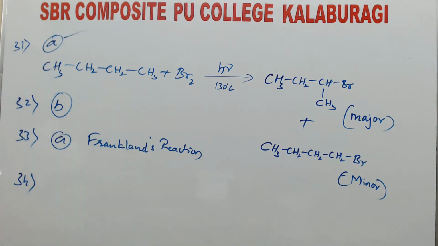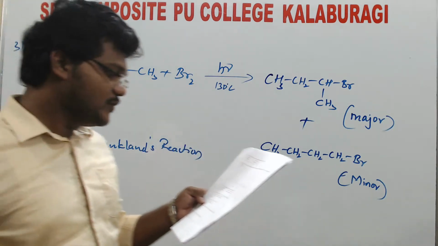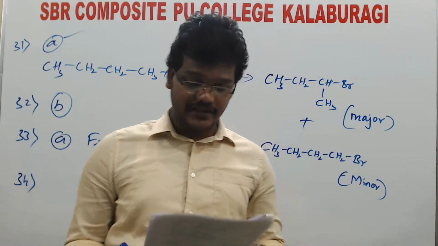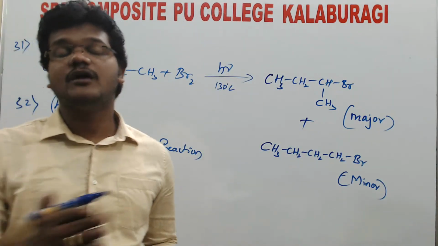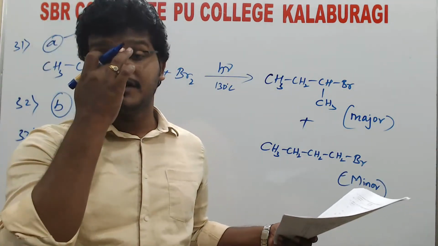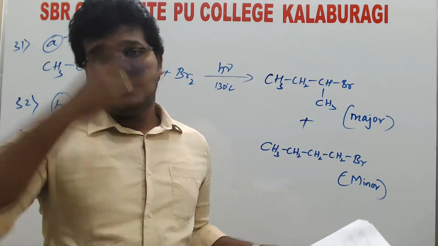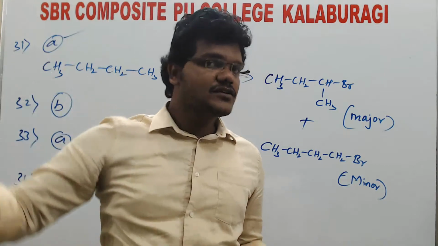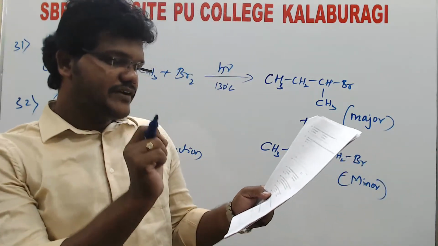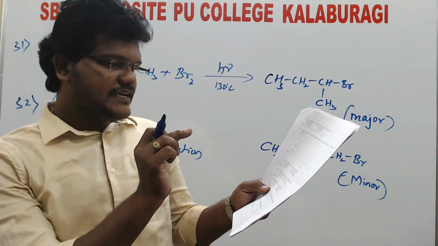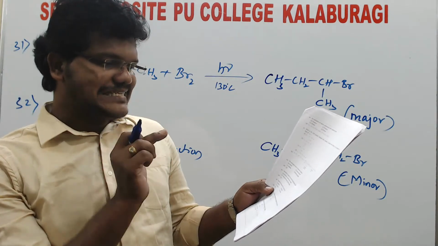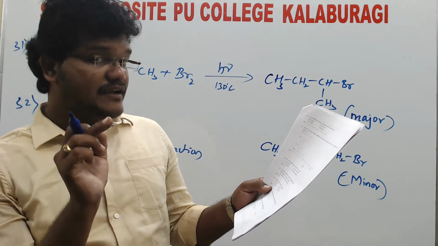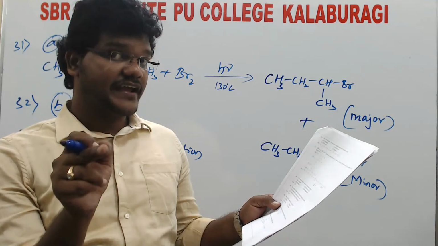Name the hydrocarbon that is liquid at STP. Obviously, we know that up to 4 carbons the physical state is gaseous, and after that up to 17 carbons it is liquid, and then after that solid. Option A is ethane, B is propane, C is n-butane, D is n-pentane, which has 5 carbons.